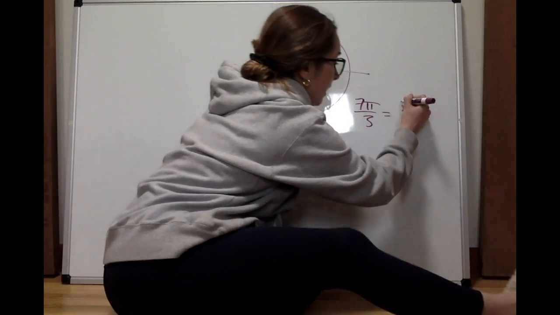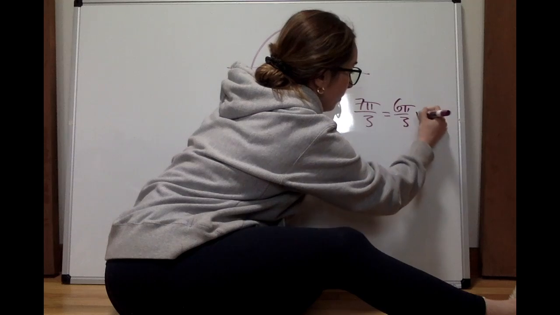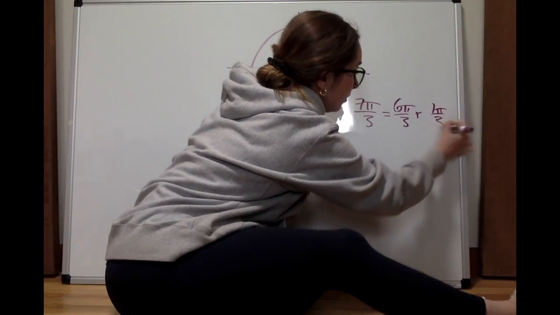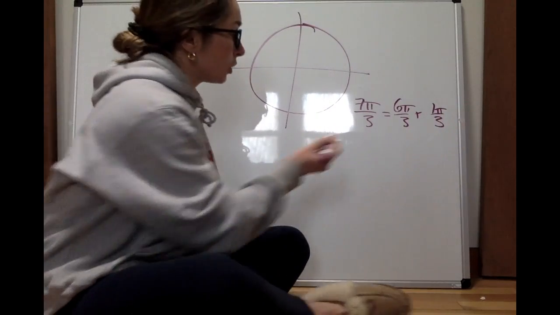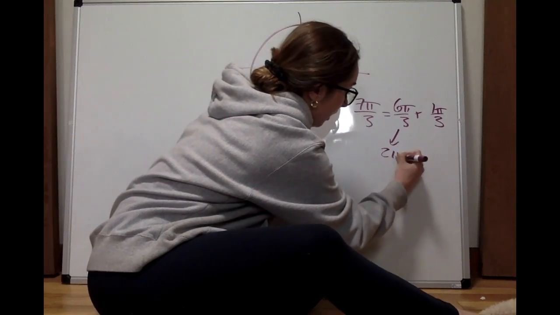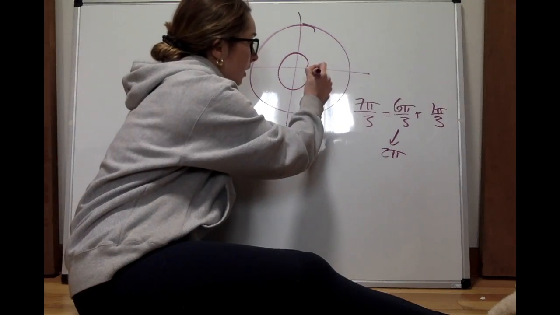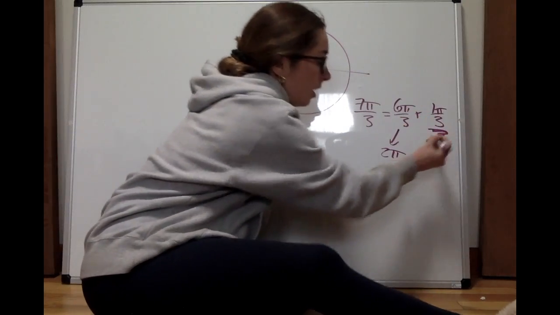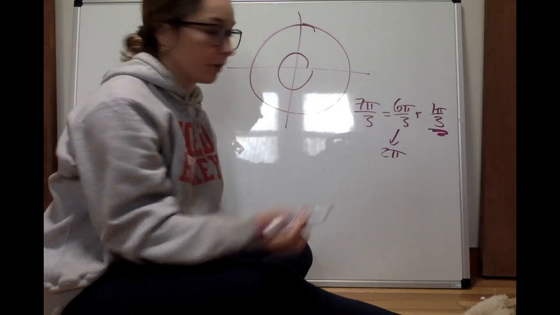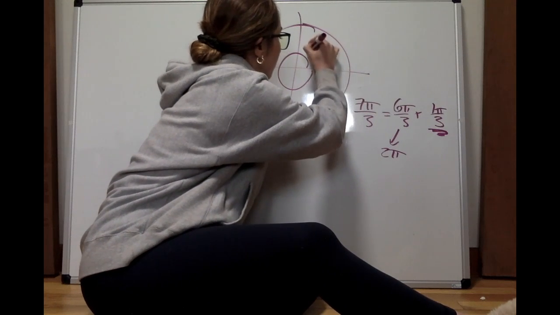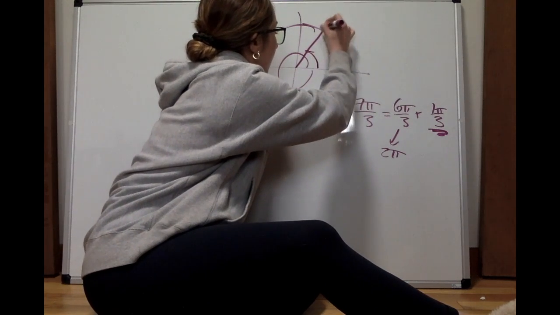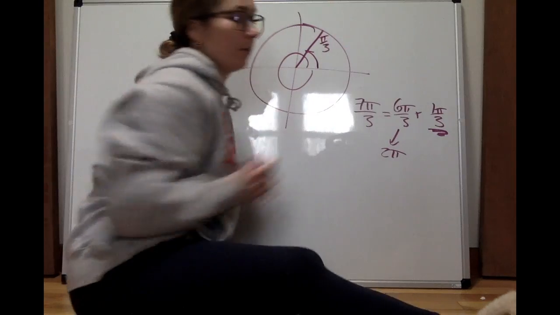We can rewrite this as 6 pi over 3 plus 1 pi over 3, right? So 6 pi over 3 is really just 2 pi, which is just one rotation. So I'm really going one rotation around plus a leftover 1 pi over 3, which is just going to be at our pi over 3 from before.